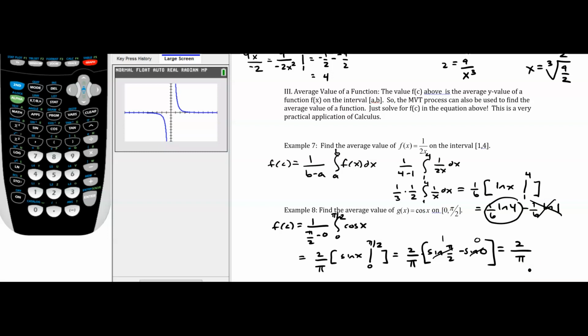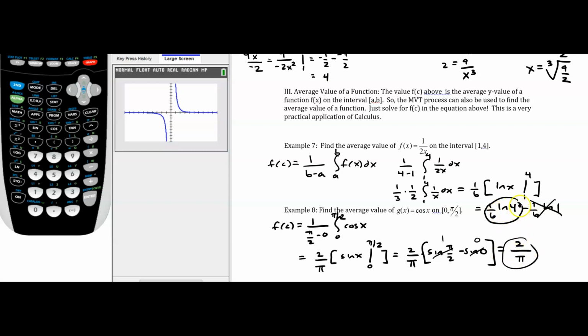Sometimes in WebAssign, they might say find the average value of the function, but also find the x value that has that particular average y value. So these answers might not suffice. If you needed to find the x value that leads to this average y value, it's kind of like what we did back in example 6.